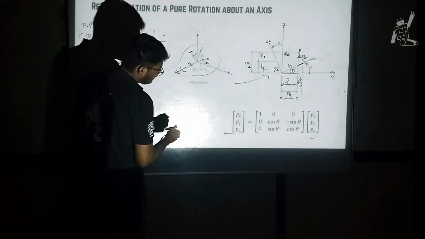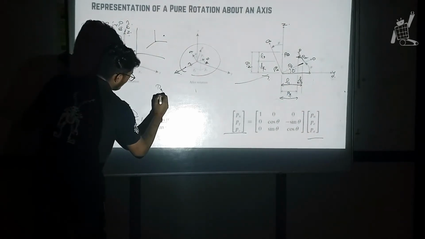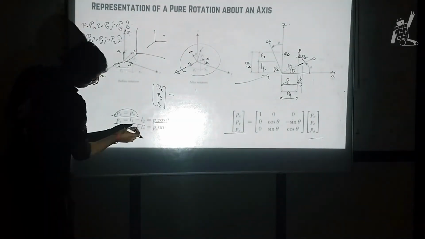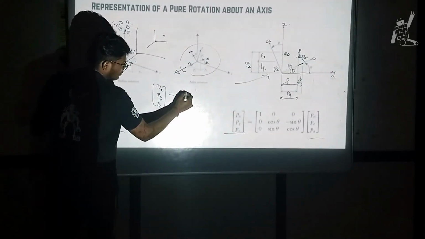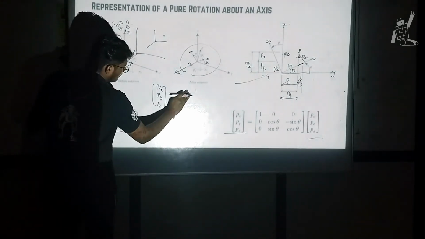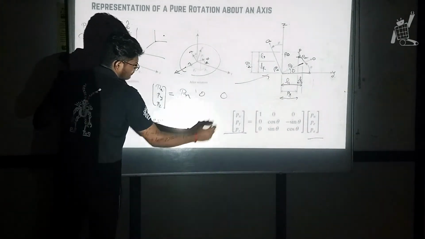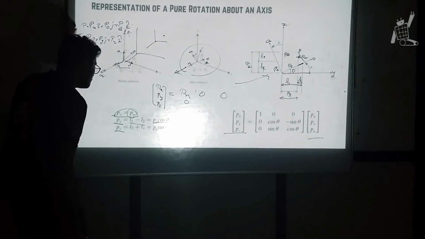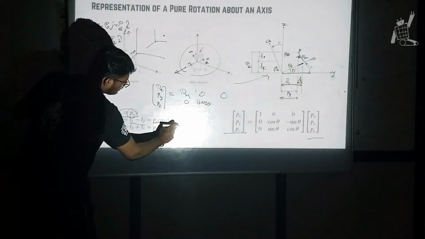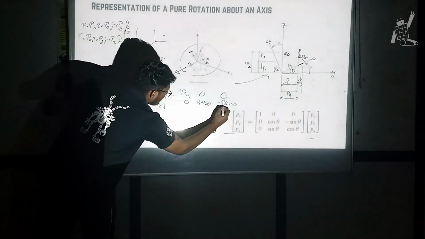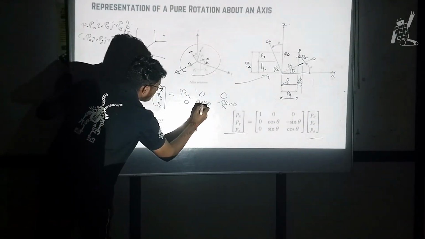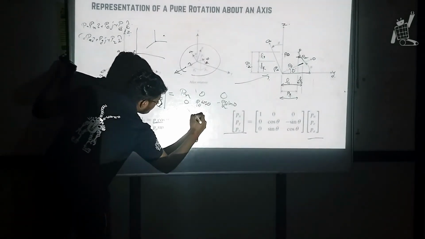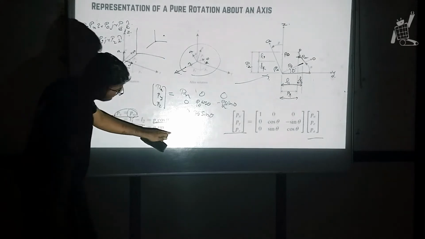Now, when we represent this in matrix form, Px, Py, Pz will be equal to: for the first row there are no cos and sin terms, so the first entry is 0, then Pn, and there is no constant term, so 0. Next row: PO cos theta minus PA sin theta, and again no constant term so 0. Third row: PO sin theta plus PA cos theta.